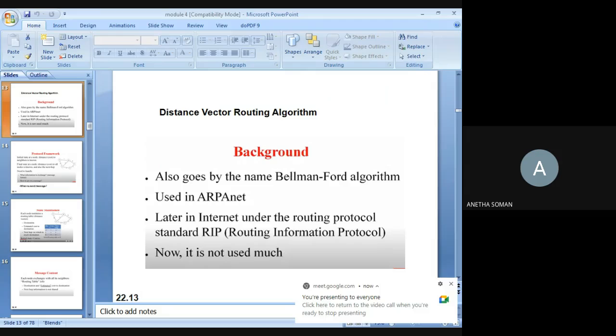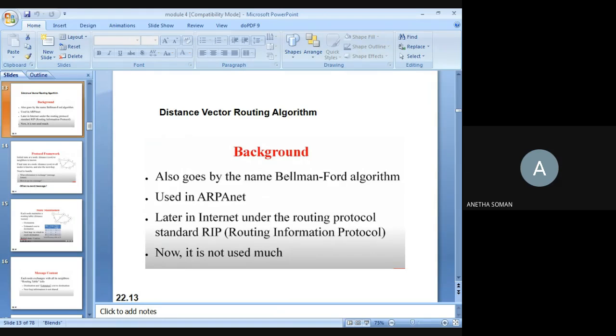Originally, this algorithm was used in the first packet switch network, which is called ARPANET. So this algorithm was initially used in the ARPA network. Later in the internet, it was used under the routing protocol.